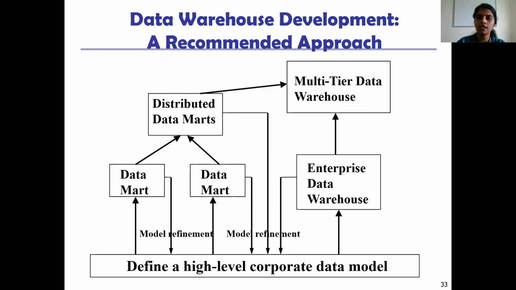In this hybrid approach, what we do is define a high level corporate data model. So what is a high level corporate data model? This high level corporate data model will have data spanning the entire organization. It will be similar to an enterprise data warehouse, but it is not so time consuming to build.